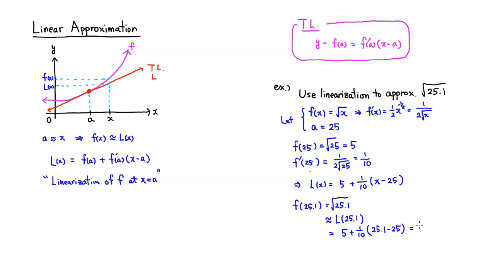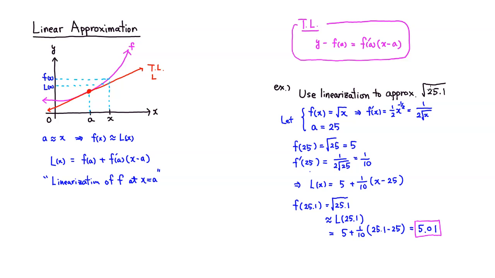So it's going to be 5.01. This is the linear approximation of the value of the square root of 25.1.